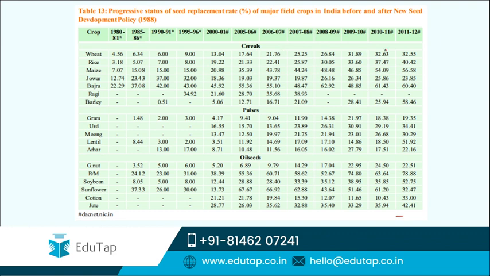For wheat, they have given data from 1980. For wheat it was 32%, and we have taken 33% as a round figure. Rice is 41, maize 57, jowar 24, and so on for all the various crops. You can refer to this once before going to the exam.